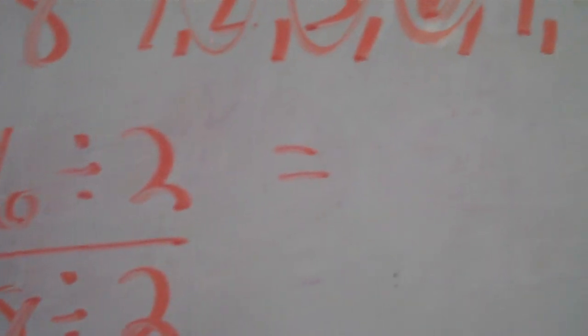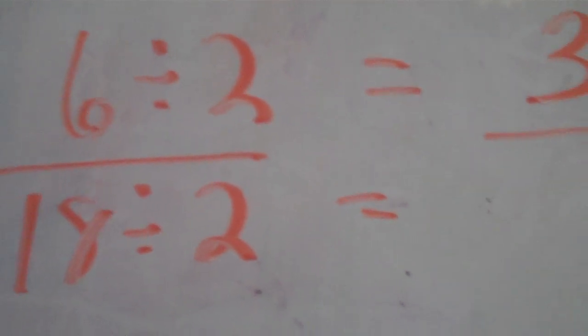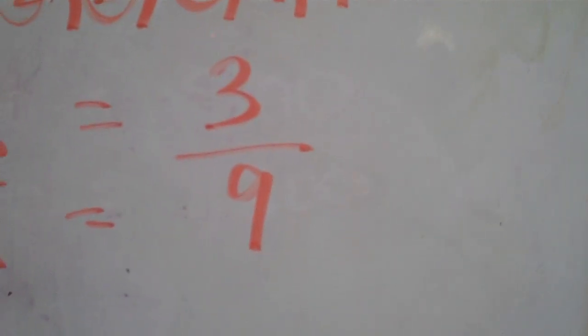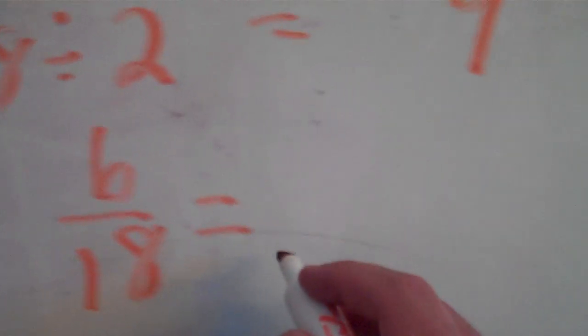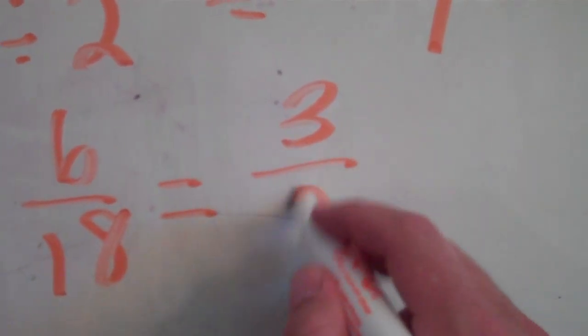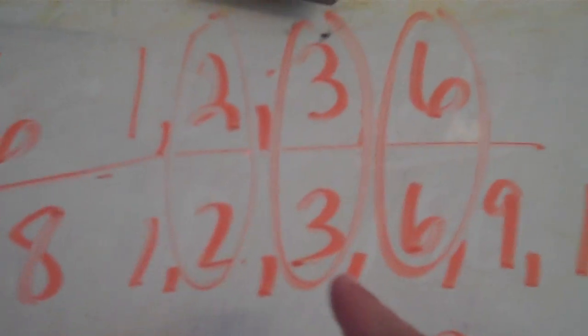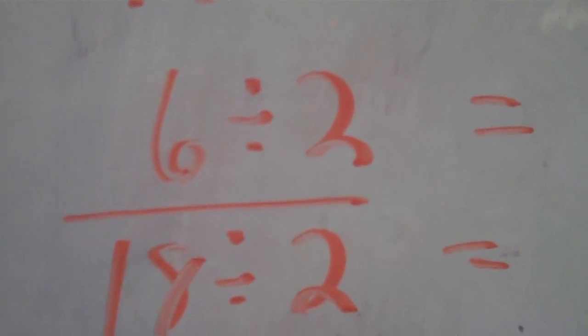What I get for my new numerator is 3, and my new denominator is 9. Therefore, 3/9 is my new equivalent fraction. So 6/18 is equivalent to 3/9. And that's using division. Now I could have used 3. I could have also used 6 as my divisor, but I chose 2.